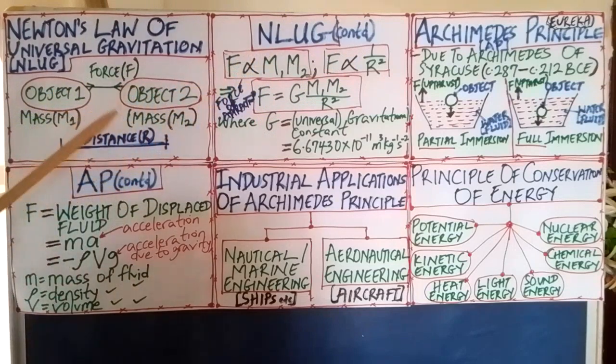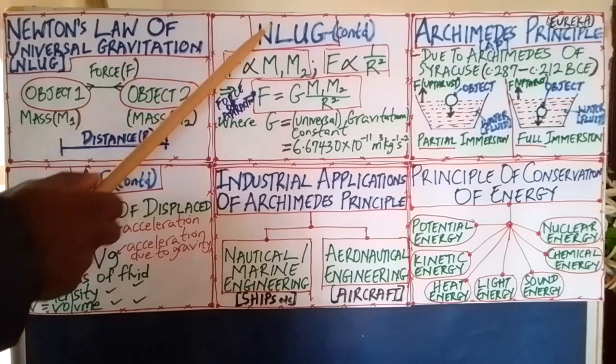two objects. Well, when we talk about universal gravitation, we are talking of the entire universe, as it involves all objects in the universe, the planets, the sun, the moon, and so on and so forth, especially heavy objects. That's what the gravitation relates to.